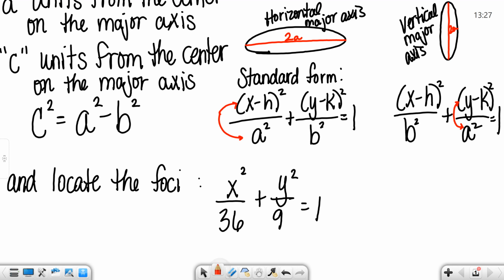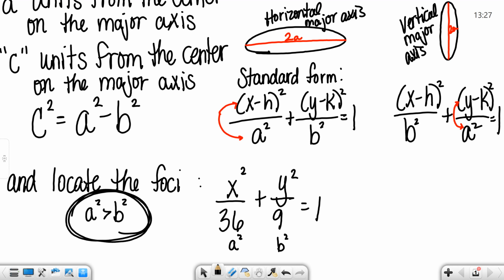All right, so let's look at the example that I have for you here. A couple of things I gave you listed above. I told you a squared is always greater than b squared. So when I look at my equation, I know right away that 36 is a squared and 9 is b squared. That's the only way I know that, is from this statement right here.